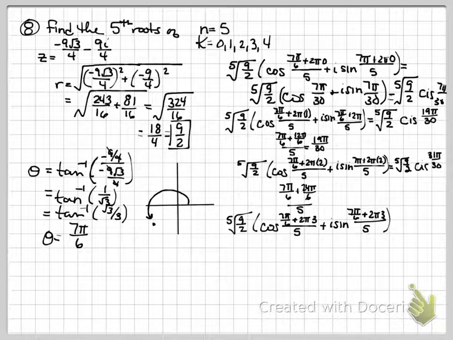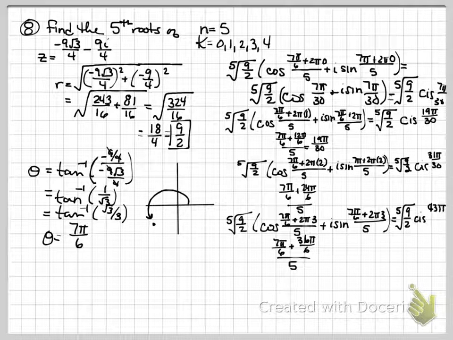Alright, same thing. I have that 7 pi over 6 plus 2 times 3 is 6, times 6 is going to be 36 pi over 6 divided by 5, and that gives me 43 pi over 30. So now I have my fifth root of 9/2, CIS, 43 pi over 30. And is that 12 more than the previous? Yeah, it is. Let's keep going.